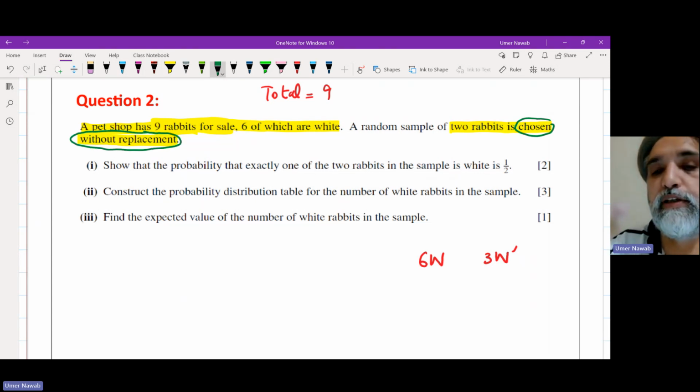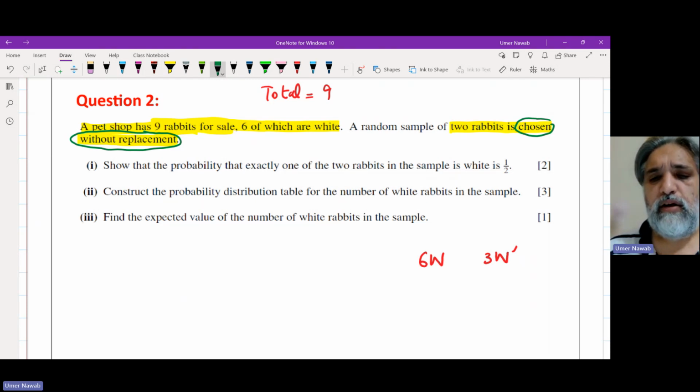Whenever we do without replacement, if you pick something in the first trial and you go for the second trial, definitely the number of items will be reduced, because something has been taken out and it is not included in the second trial situation. Am I right, boys? So be careful about these types of questions. Whenever in probability without replacement is written, try to deal with it using classical probability.